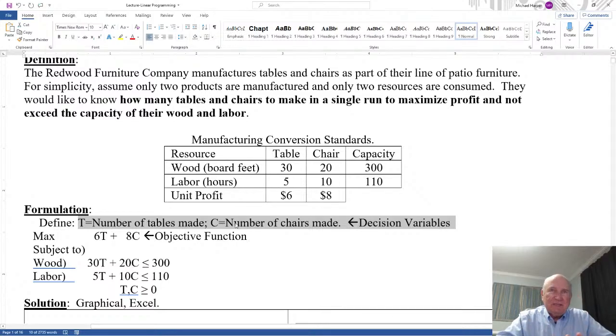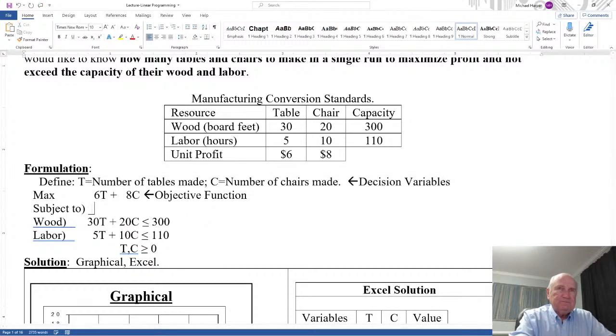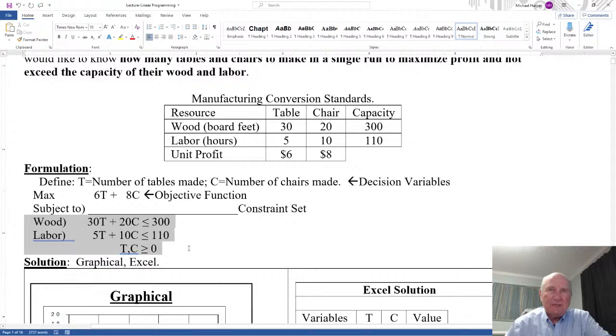We are making this many tables, this many chairs. What's our objective? To maximize our profit. Now, we are also subject to something called a constraint set. Now, this is a set of relationships here that will define the constraint of the problem.